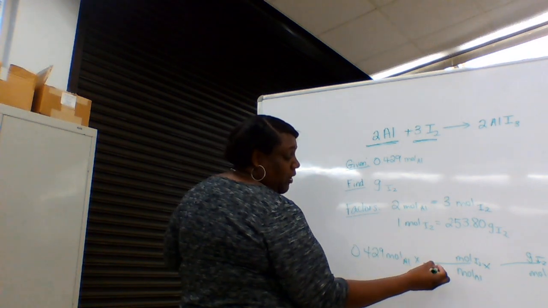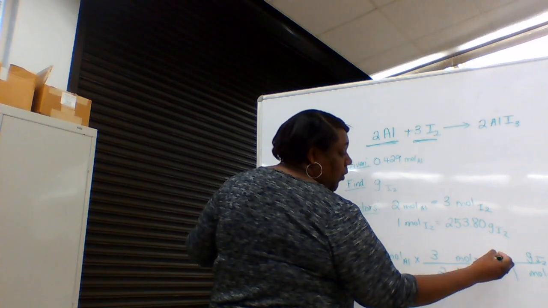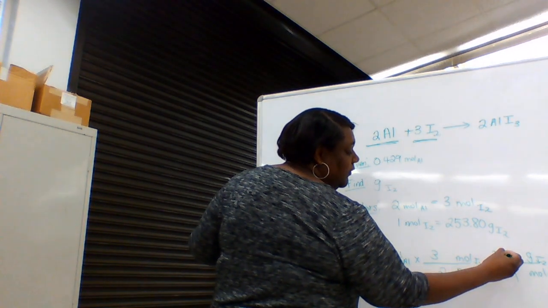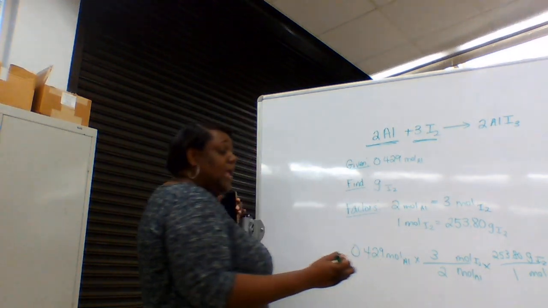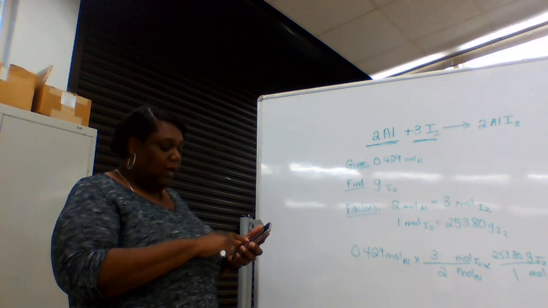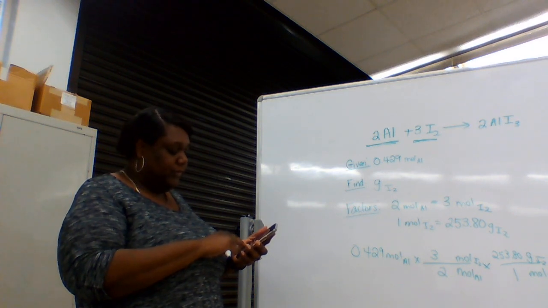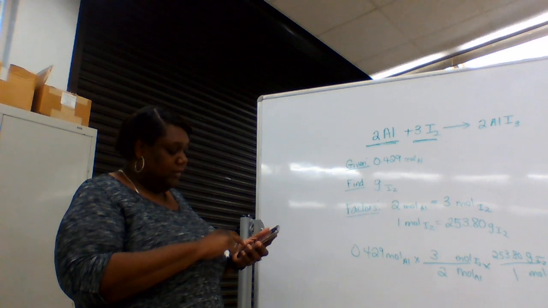So, placing in my coefficients, I need a 2 here, a 3 here, a 1 here, the 253.80 here, and then I'm just going to plug this into my calculator again to solve the problem to figure out what mass of I2 this represents.